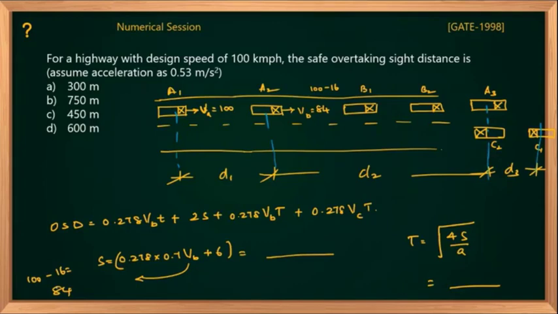Fatima, please check and see. So it is nothing but 0.278 into 0.7 into 84 plus 6. Now please respond.